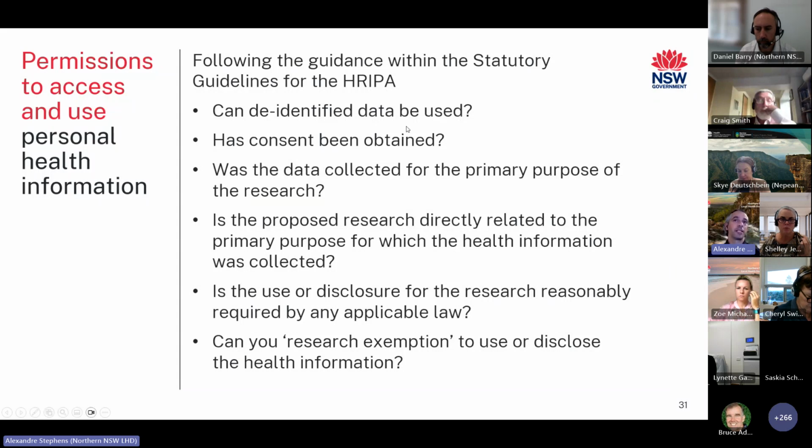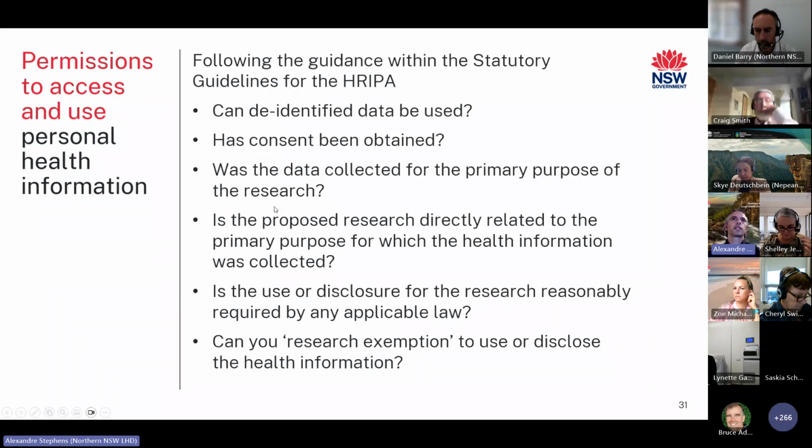So the first step is, if you can use data that's de-identified, then the legislation provides you the permission, right? If not, then you can keep working through the guideline and go to the next step, which has consent being provided. So for example, it might be a research study where the participants have provided consent to use the data, well, then you can do so.